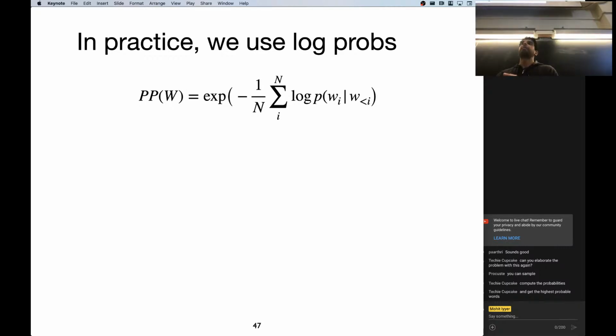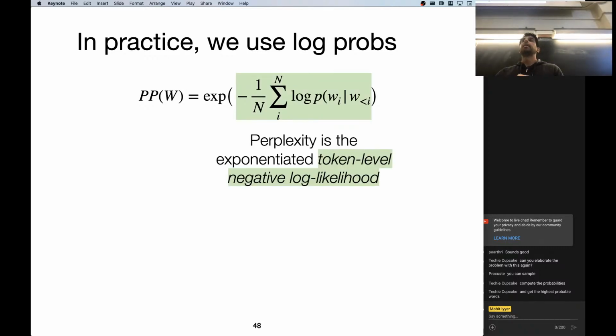In practice, I talked about the log probabilities. We are using the log probabilities to avoid these underflow errors. So perplexity becomes the exponentiated negative log likelihood averaged at the token level. This is probably a fairly complicated sentence for those of you who are unfamiliar with these things.